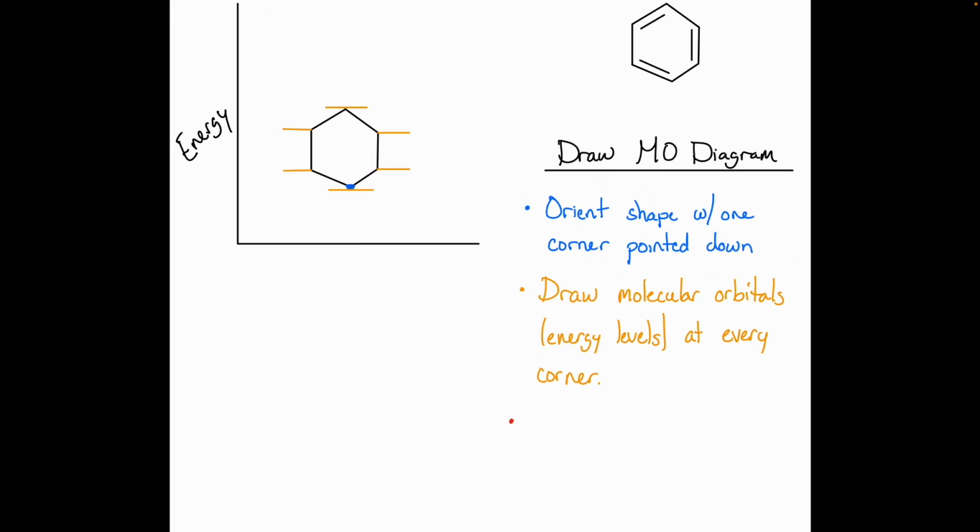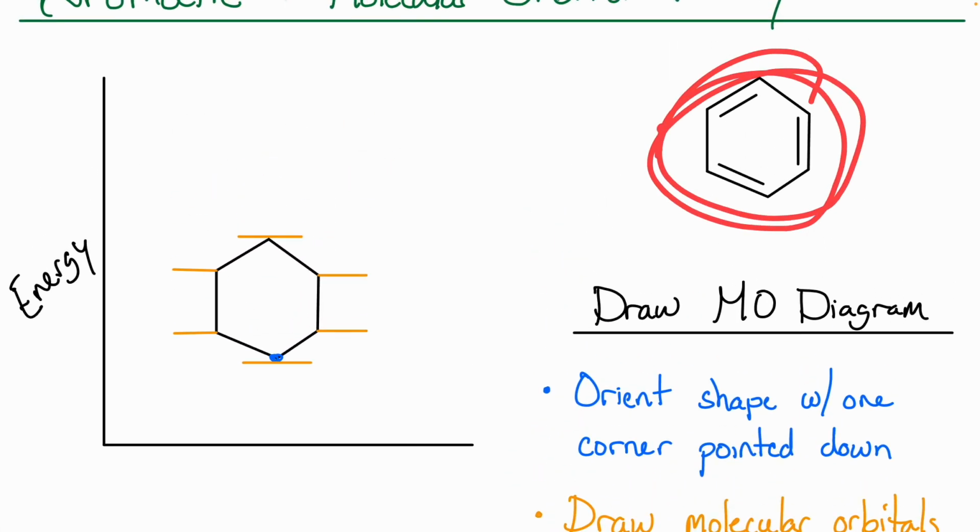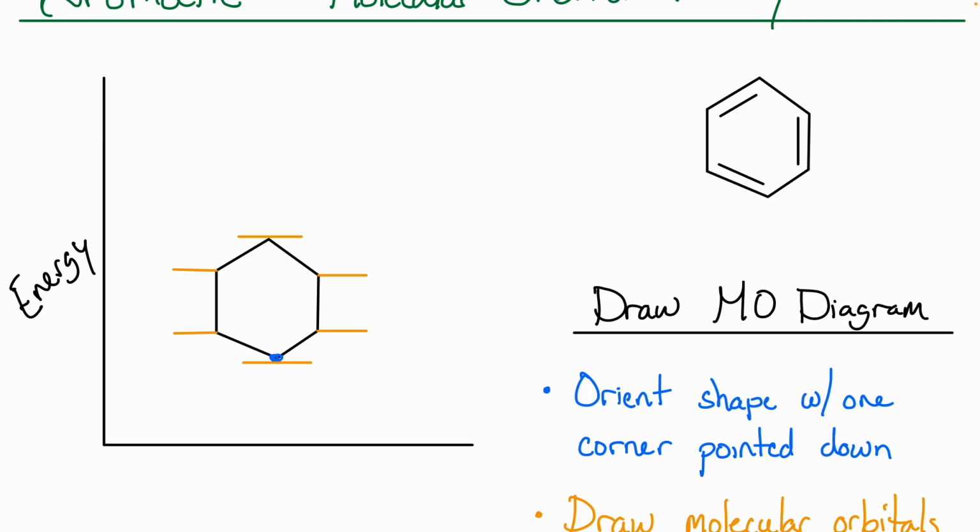All right, and then lastly, we're going to fill in with our correct number of delocalized electrons. All right, so benzene here has how many delocalized electrons? 6, right?